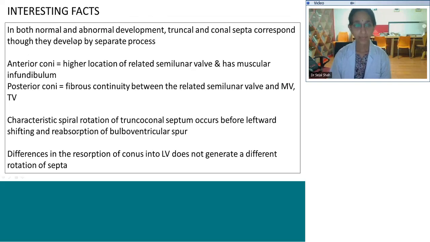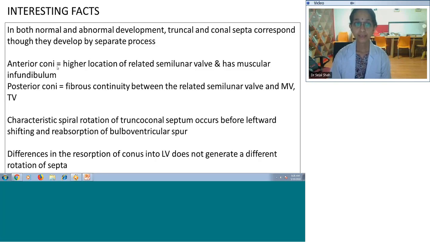Now before we go there, there are a few things to be clarified. The first is that the conal and the truncal septa will always correspond with each other in the process, even though we know that both develop from separate processes.